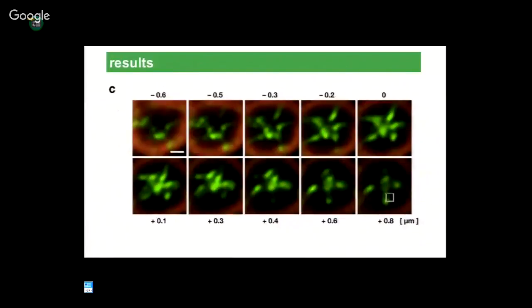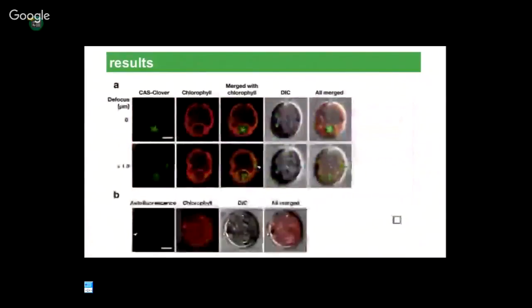These fluorescence images were also obtained by defocusing the sample from -0.6 to 0.8 micrometer from the focal point. This fluorescence spot overlapped with the region of the eye spot.